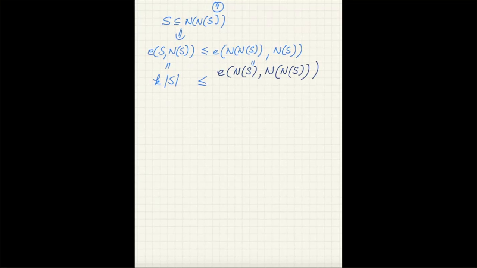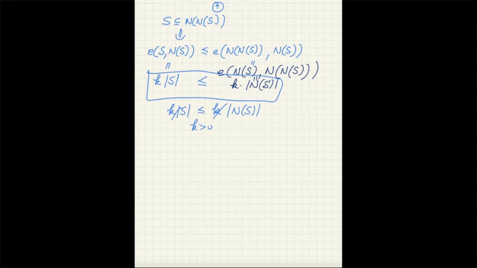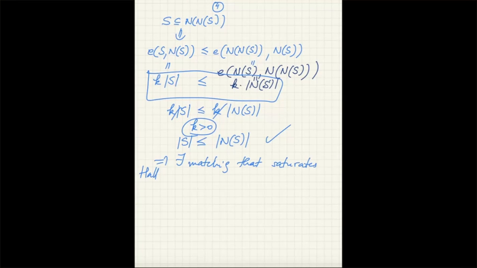But by a similar argument as before, this is exactly K times the cardinality of the neighborhood of S. So what we end up with is this inequality: K times the cardinality of S is at most K times the cardinality of the neighborhood of S, and you divide by K because K is positive, and we get that the cardinality of S is less than or equal to the cardinality of the neighborhood of S. So Hall's condition is satisfied, and that implies by Hall's theorem that there exists a matching that saturates A, and this is the same thing as a perfect matching.